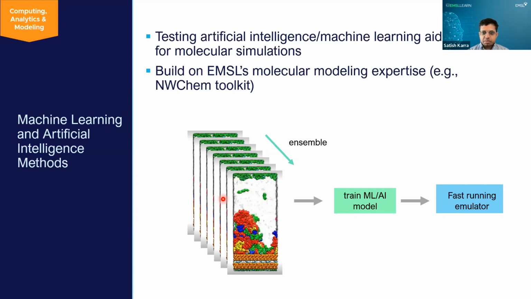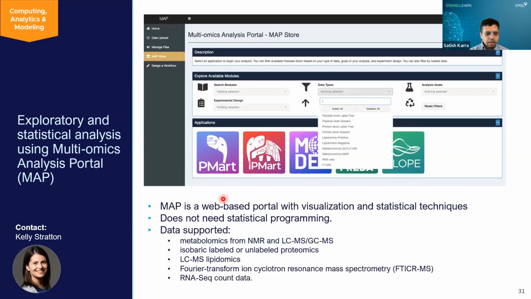An example of an AI/ML application could be the development of fast-running emulators based on machine learning and AI. On this topic and these capabilities, if you have any questions, please do not hesitate to reach out to me.